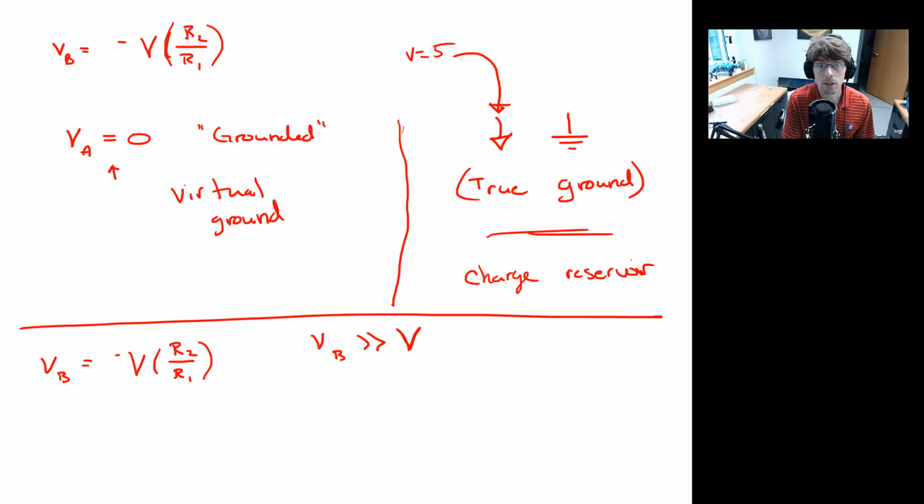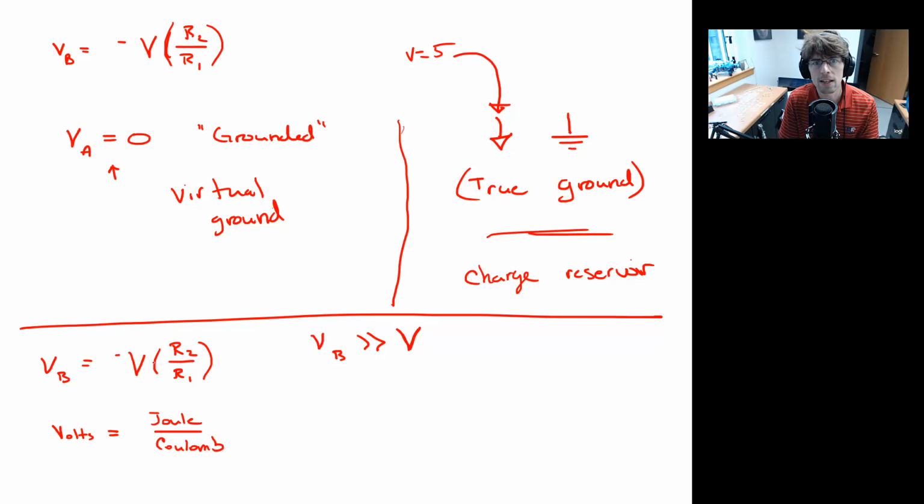Quick, what are the units of potential? Volts, good. And volts are equal to a joule per coulomb. So I return to this idea: conceivably, you could end up with an output potential much, much larger than the input potential.